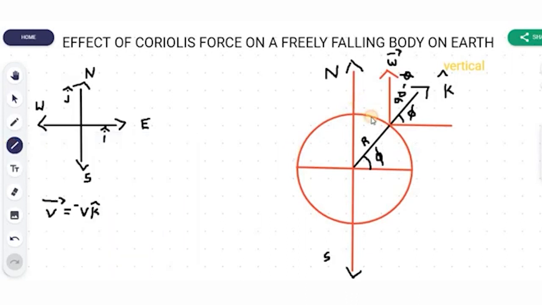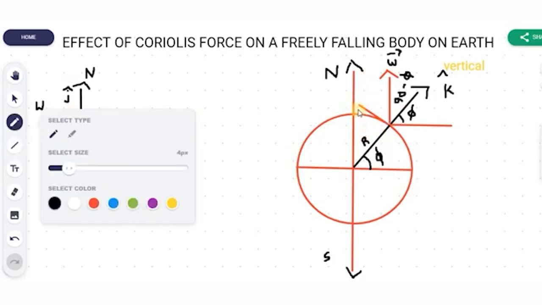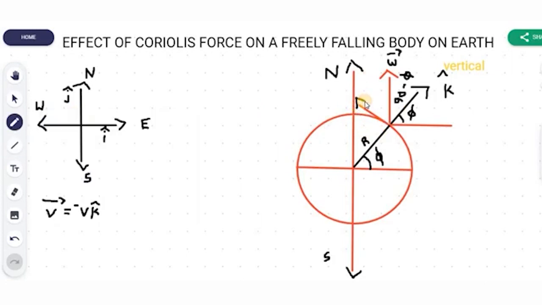This is the J direction, the unit vector J, and it is indicating the north direction, right?